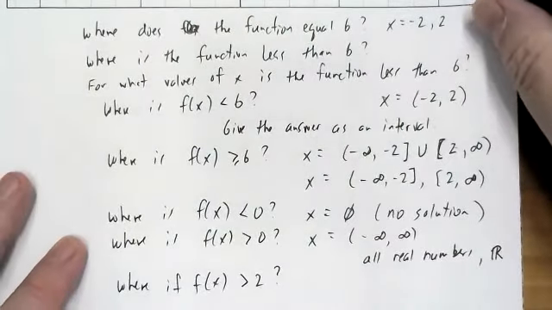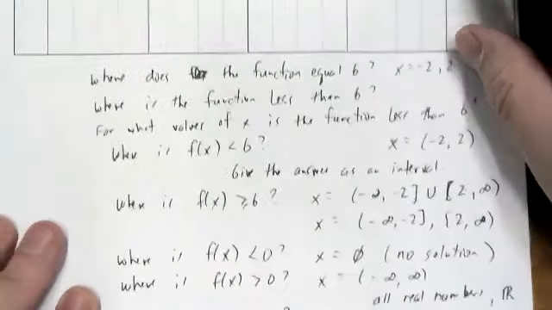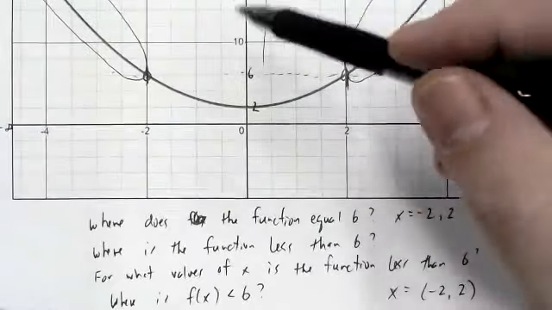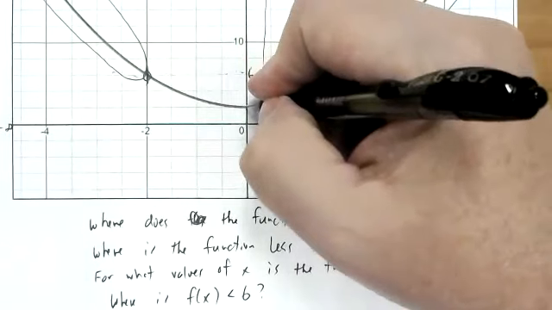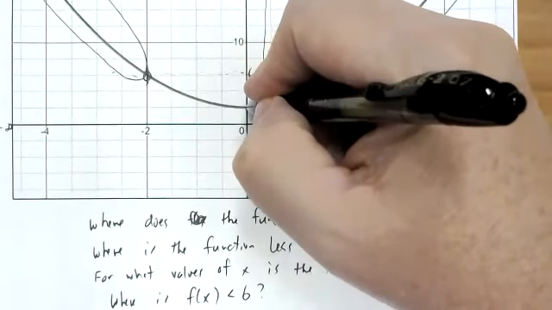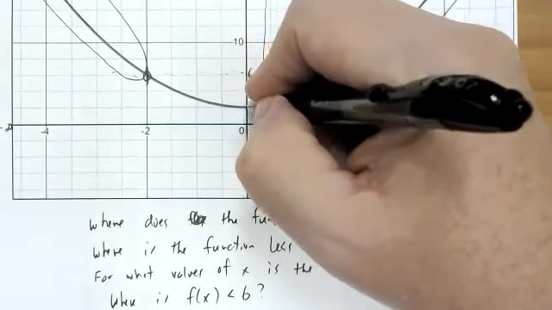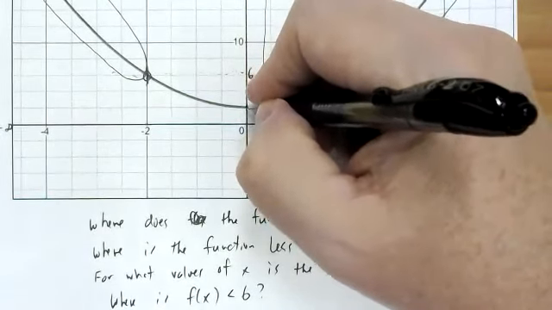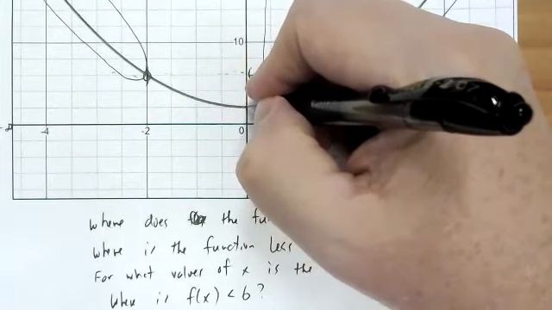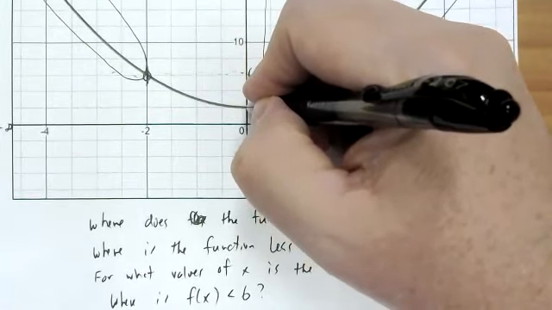But is that really true? What actually happens at this lowest point? Later on, we'll call this the minimum point. When x is 0, the function is 2.